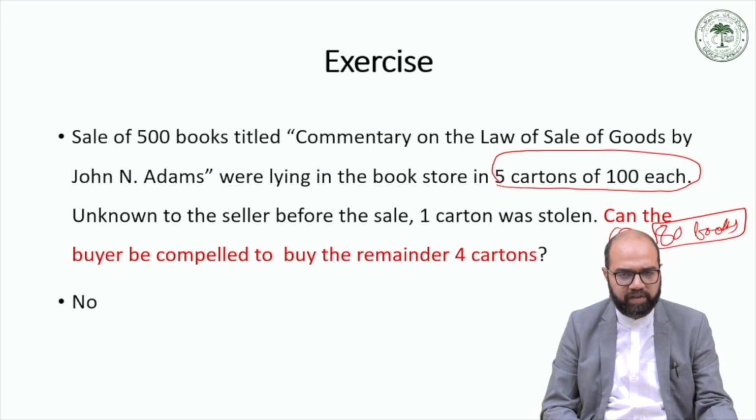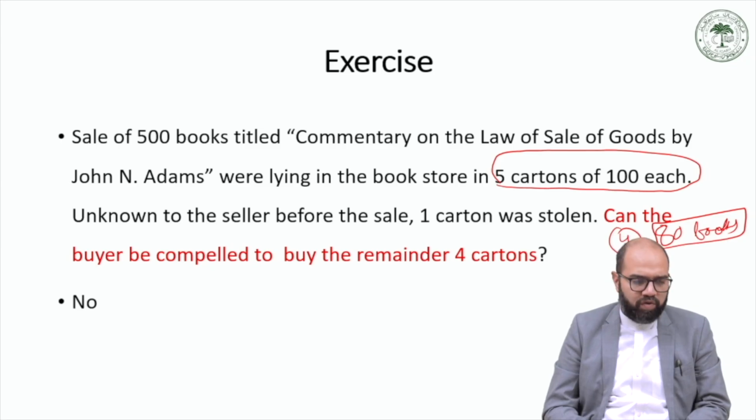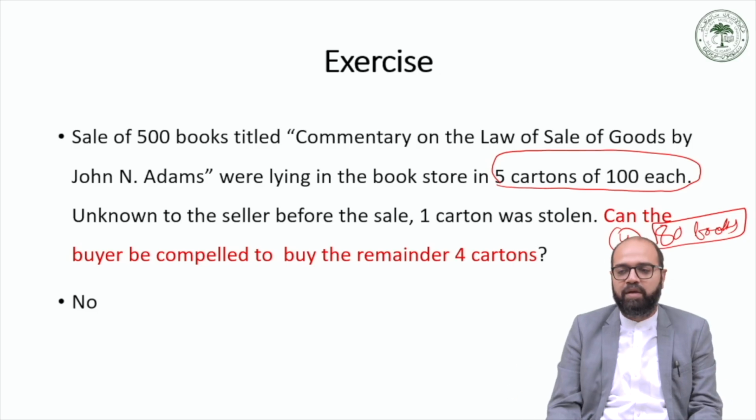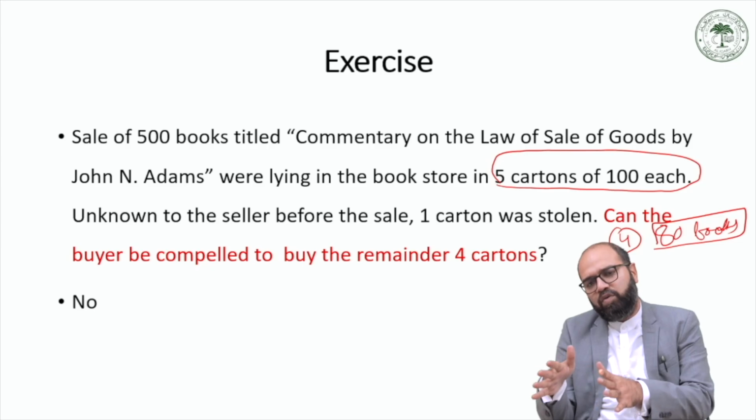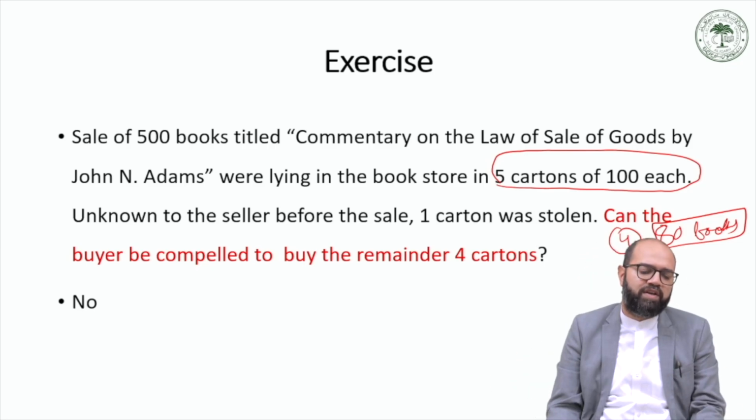Now, this law is applicable in those situations where the goods have been destroyed by any flood or calamity or for any other reason, or they have been stolen. Only part of the goods have been destroyed or stolen and some part remain. So the question is whether the seller can compel the buyer to buy the remainder of the goods.